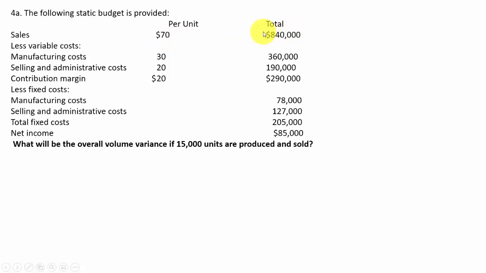That's total sales dollars divided by the selling price per unit, and we come up with 12,000 units. So this budget is based on 12,000 units.